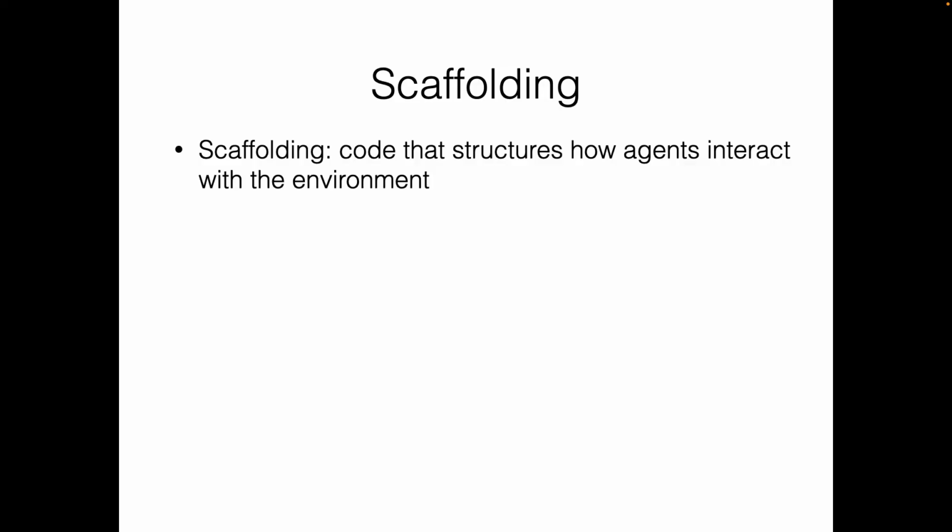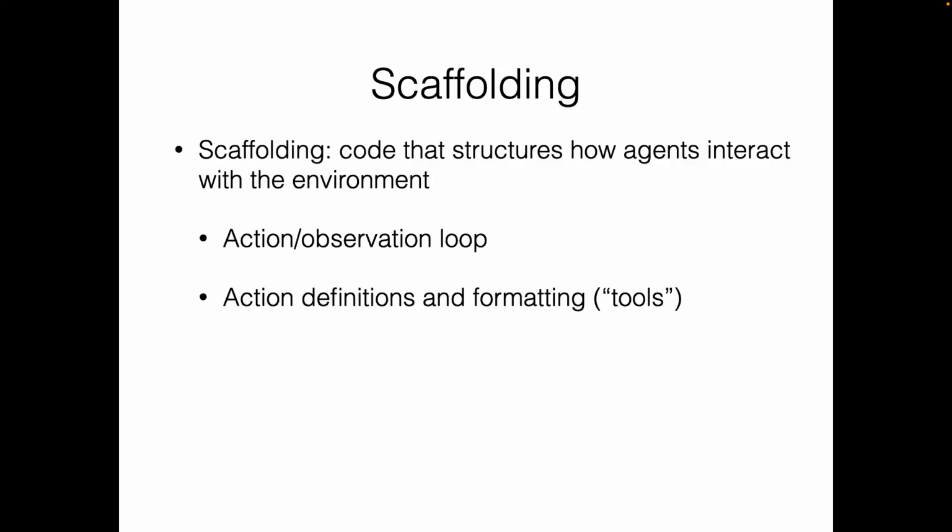Scaffolding refers to all the code that structures how you use a language model to operate as an agent and interact with the environment. Typically this involves some loop of observations and actions. It involves defining the different actions and their formatting and syntax.